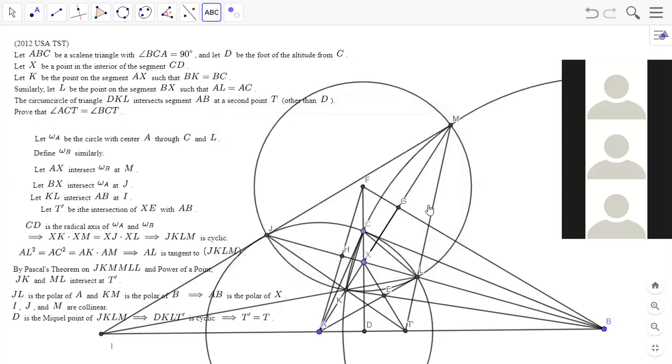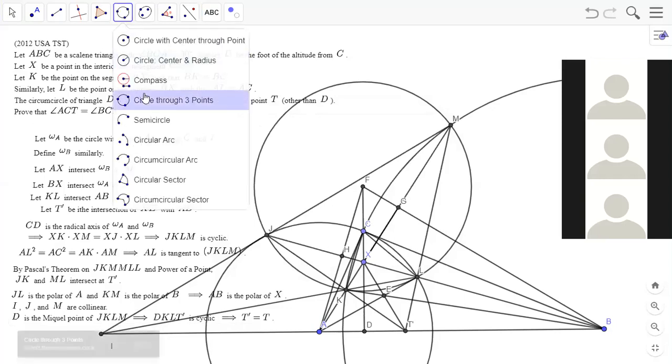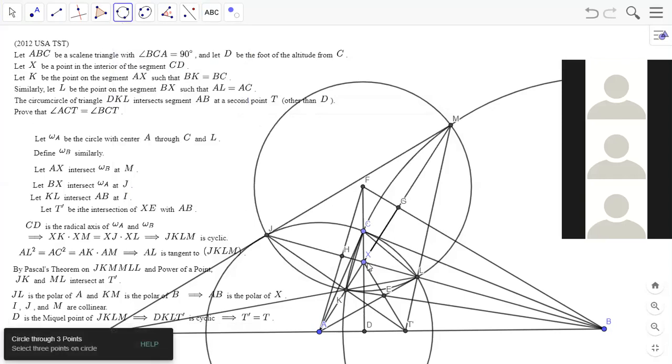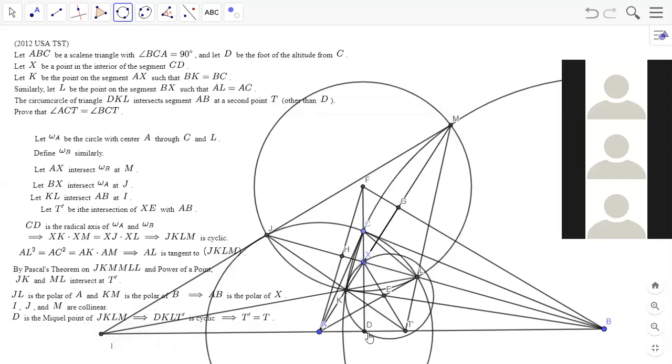Wait, how is it true? How do we know that A, B, T prime, and I are in harmonic conjugation? Wait, sorry, that shouldn't go through X. There we go. But how do we know that A, B, T prime, and I are in harmonic conjugation?